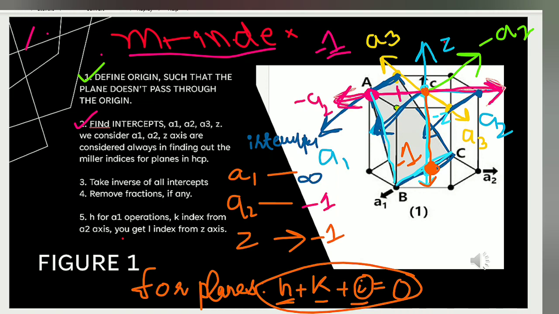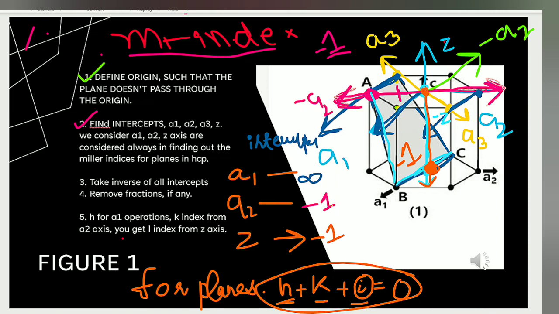A2 and Z were very easily determined, but for A1 you had to consider some other things. So we have got -1 as the A2 intercept, the A1 intercept was infinity, and the Z intercept is -1 again.